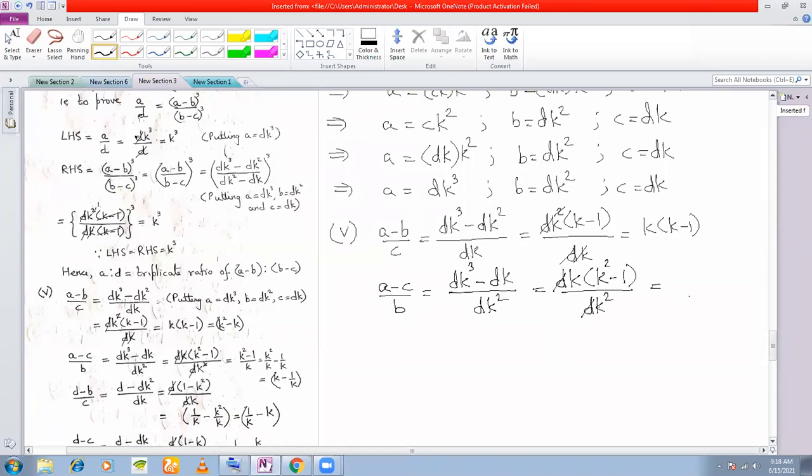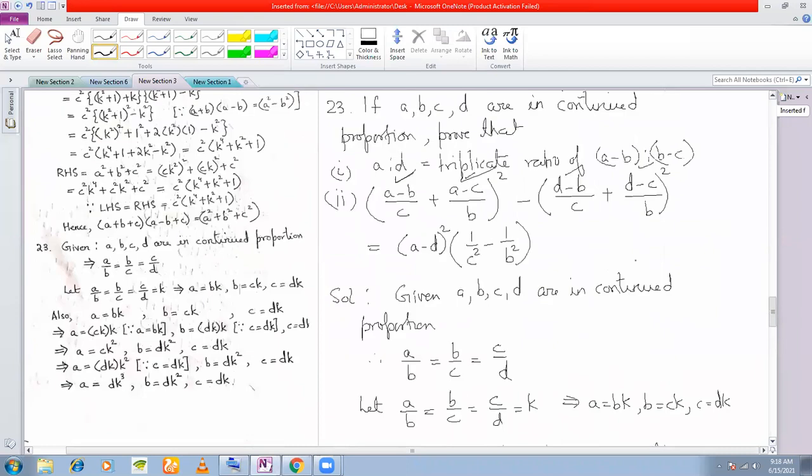So what you have, d and d will cancel, k and 1k will cancel. So getting k square minus 1 by k. Which can also be written as k square by k minus 1 by k, which is equal to k minus 1 by k. Fine. The second fraction done, a minus c by b.